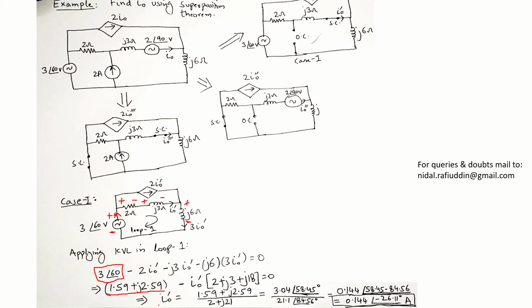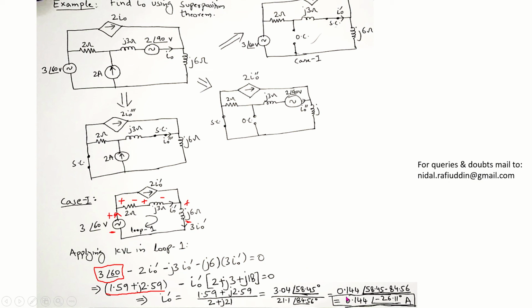So I naught dash equals 1.59 plus 2.59j divided by 2 plus j21. Now we convert these forms again to polar form and then divide. The final answer that we get for I naught dash is 0.144 angle minus 26.11 degrees amperes.